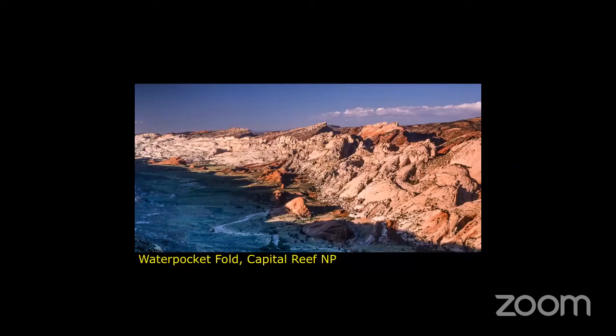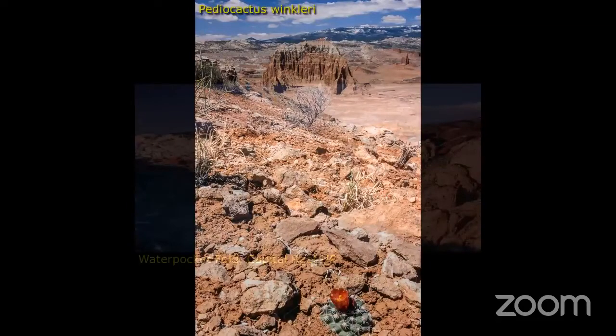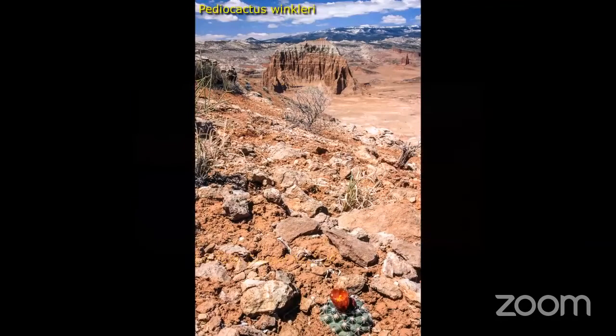This photograph was taken at South Desert Overlook in the national park. And in the middle distance there, you can see a geologic formation called Jailhouse Rock. So one thing to notice here is the deep flower color of this little Pediocactus. Here's a closer look at that.